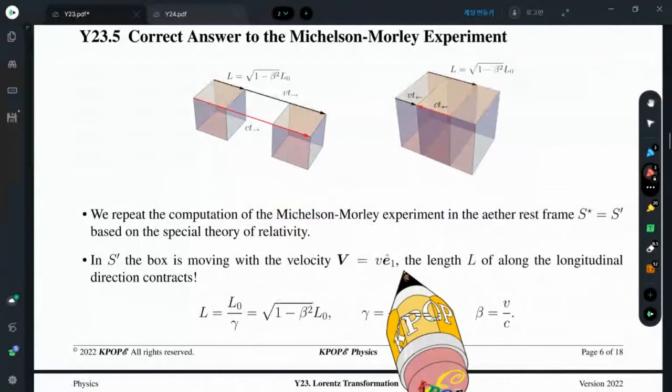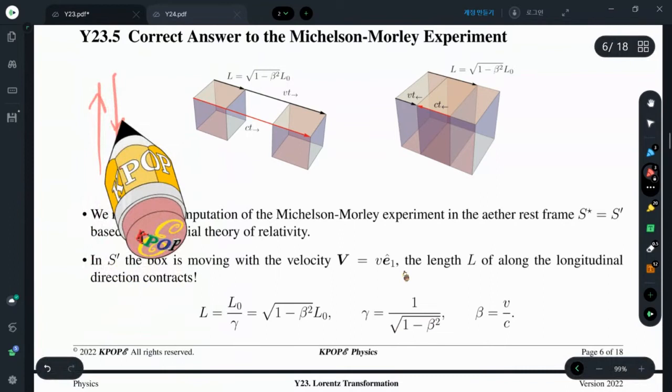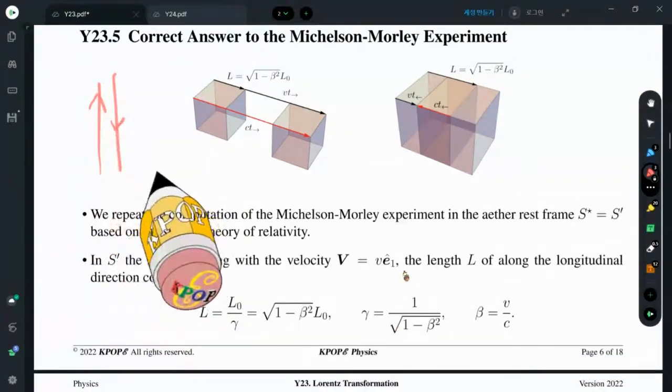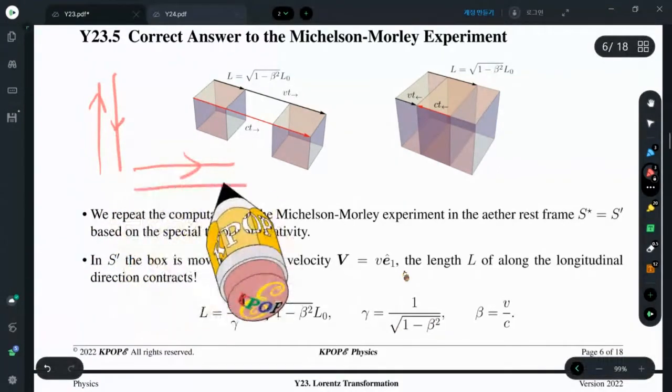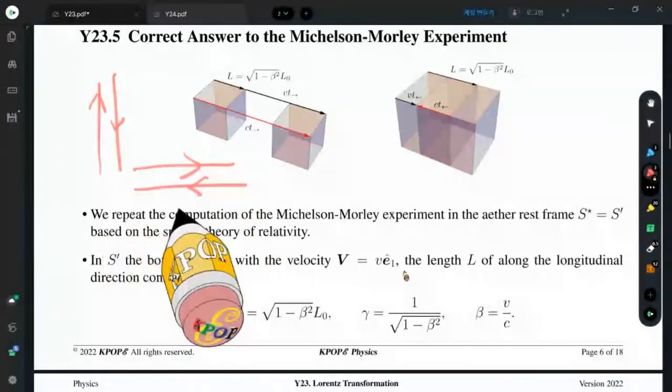So based on the information we have found, we can re-describe the Michelson-Morley experiment in a correct way. Previously, we studied the motion of a transverse light wave. However, the longitudinal motion of light is rather complicated.